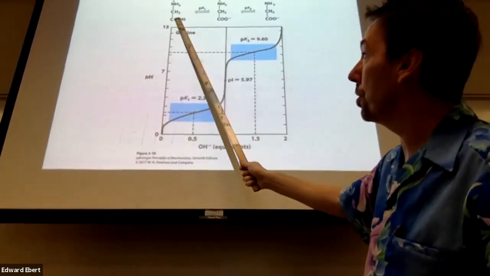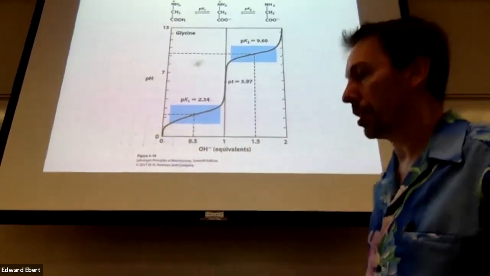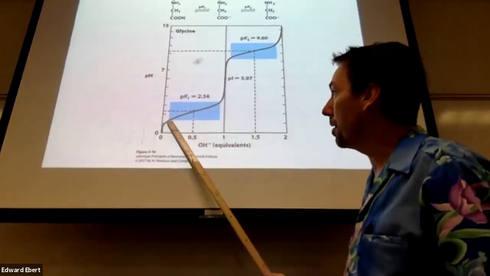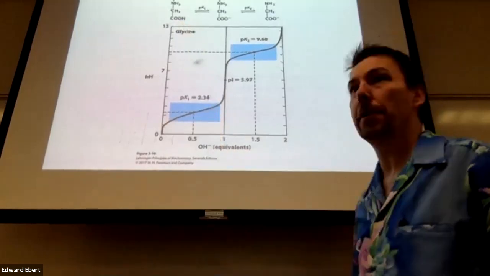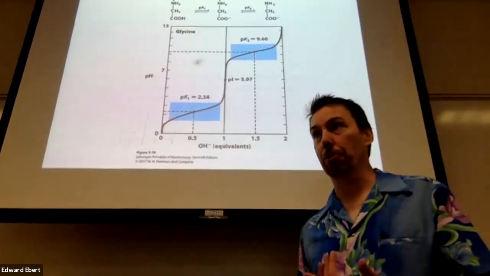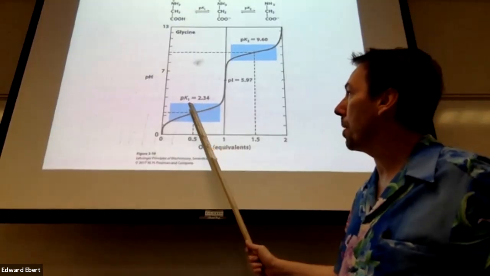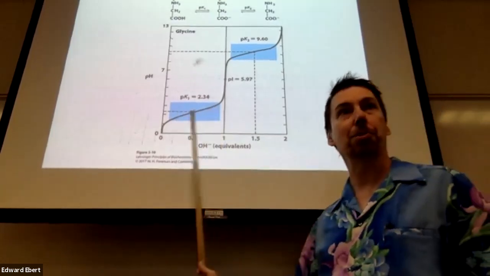So this is its +1 form. If I start adding base to it and increasing the pH, I find out that the pKa of my carbonyl group, which will always be referred to as pK1, for glycine is 2.34. So I can actually make a buffer solution out of glycine.